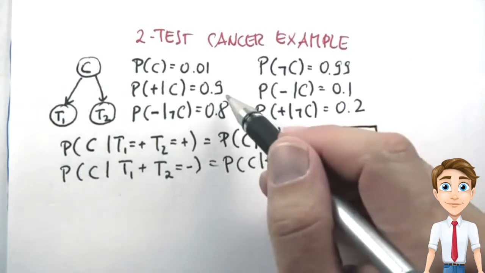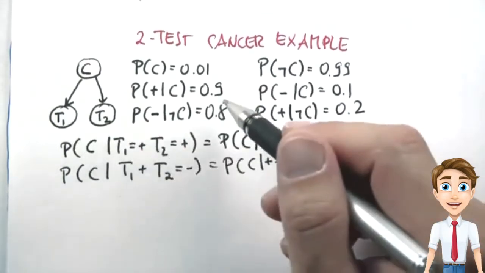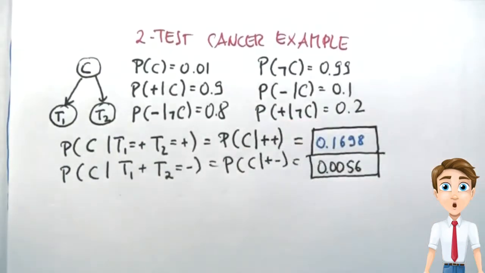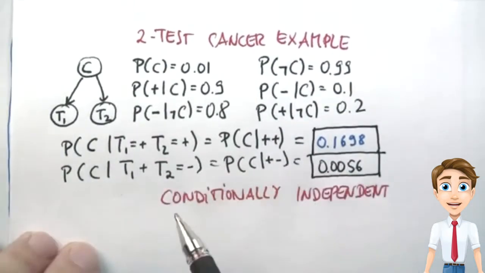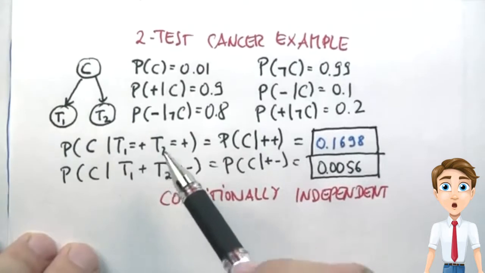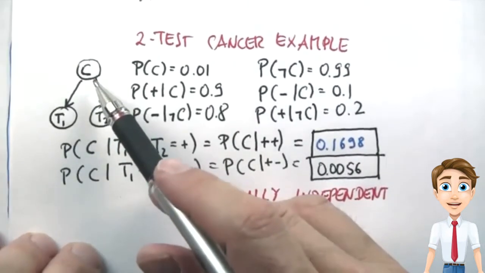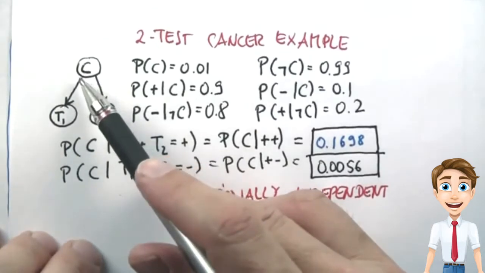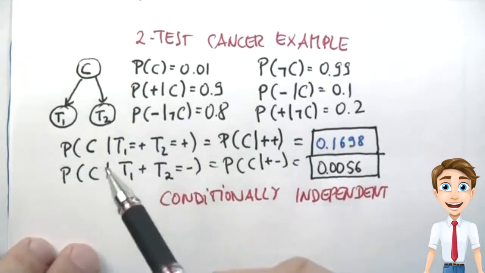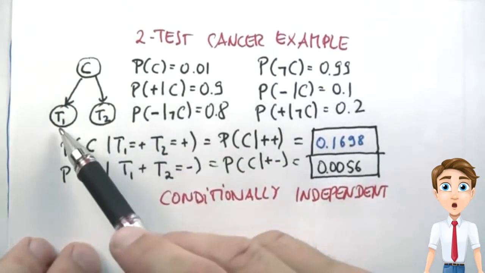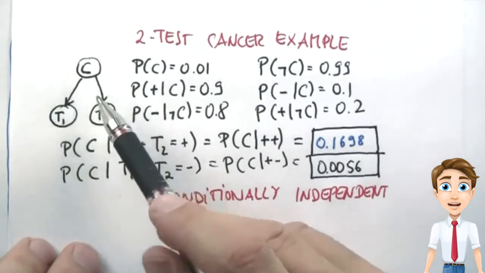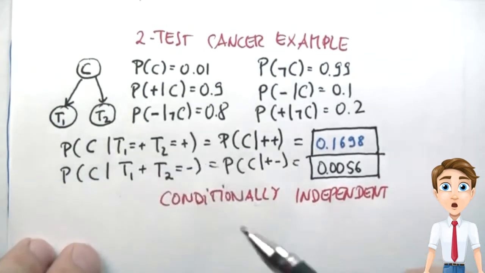We use the same 0.9 for test 1 as we used for test 2. But we also assumed that they are conditionally independent. We assumed that if God told us whether we actually had cancer or not, if we knew with absolute certainty the value of the variable C, that knowing anything about T1 would not help us make a statement about T2.